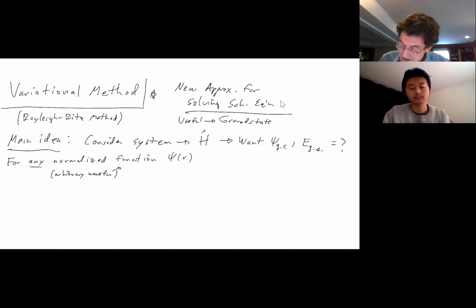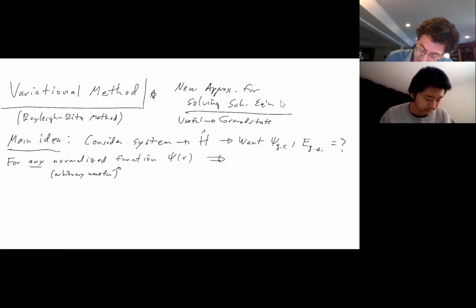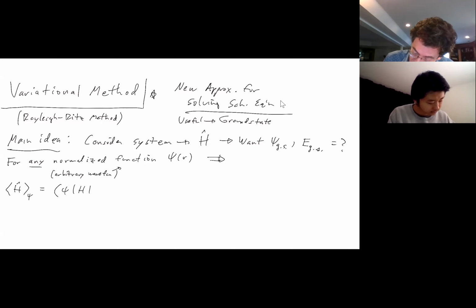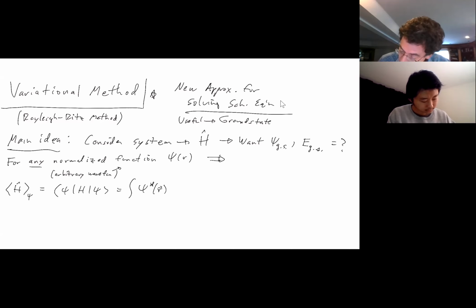If I calculate the expectation value of the Hamiltonian for that wave function, which we can write as <psi|H|psi>, which you guys know is the integral of psi star of r, let's just say in 3 dimensions, H psi of r, then this expectation value is greater than or equal to the energy of the ground state, the true ground state energy.